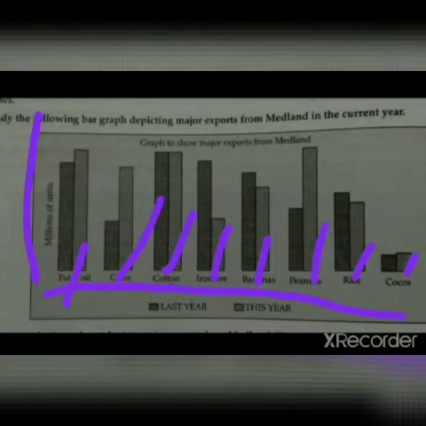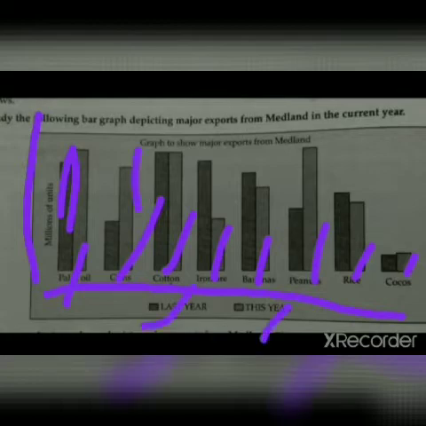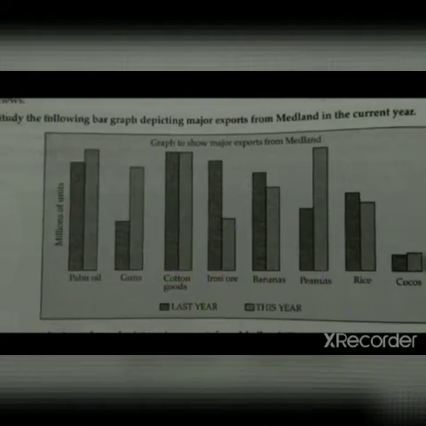These are the items exported in the last year. This darker portion shows last year and this lighter portion shows this year, that is current year. And in the y-axis you can see the million of units. So these are the information we can get through this bar graph.